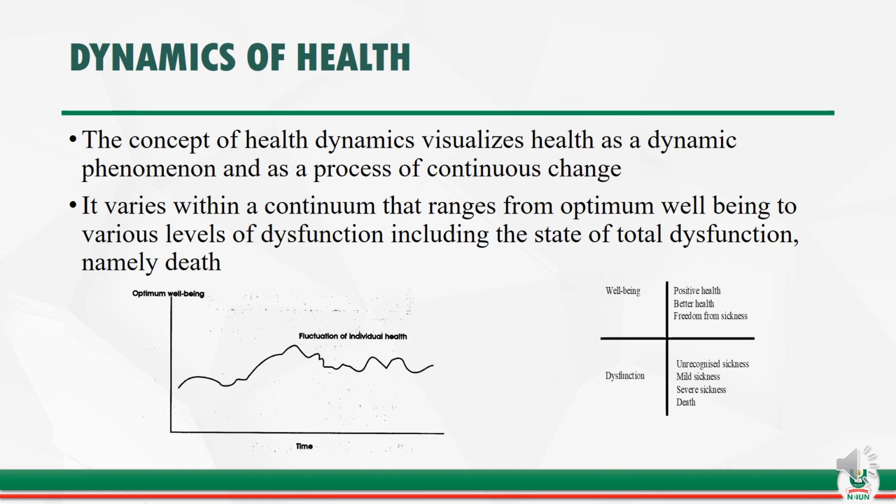So it can be either clockwise or anti-clockwise that an individual moves. And on this continuum, you have optimal well-being. When you are at optimal well-being, the functioning of an individual is maximal.